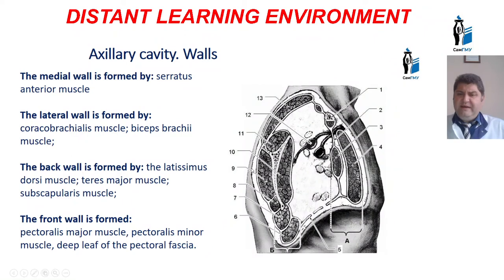You may see these muscles here. And the front wall is formed by the pectoralis major muscle in number 4, the pectoralis minor muscle in number 3, and the deep leaf of the pectoral fascia.